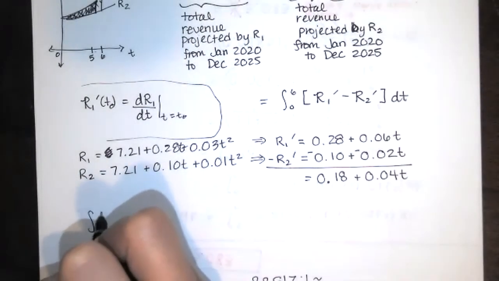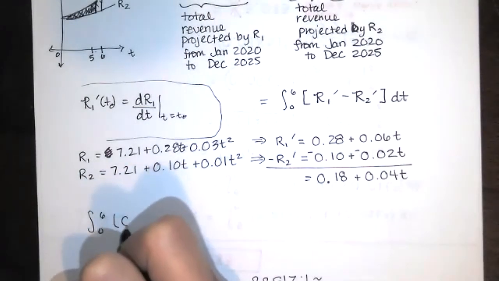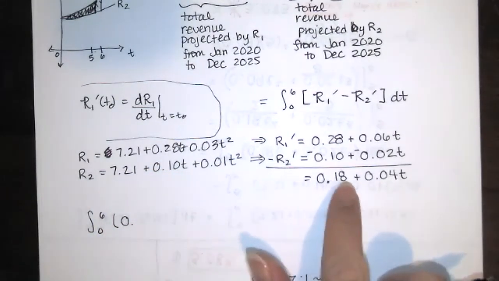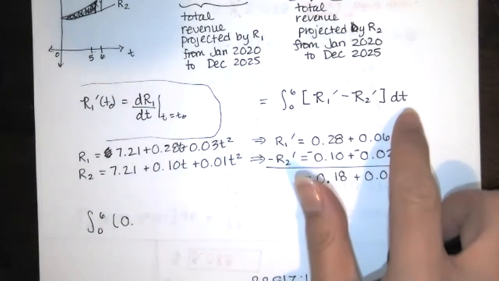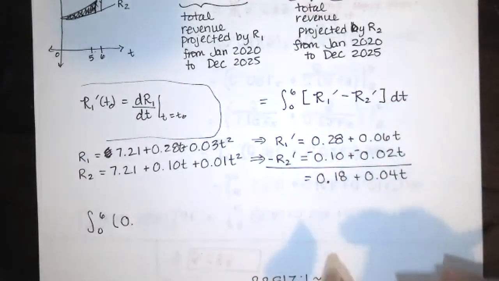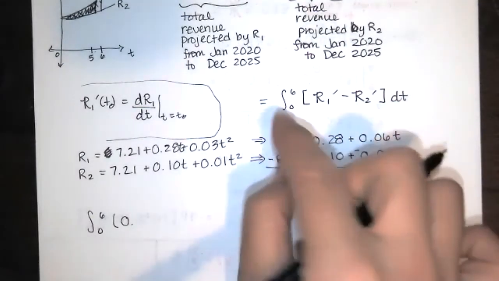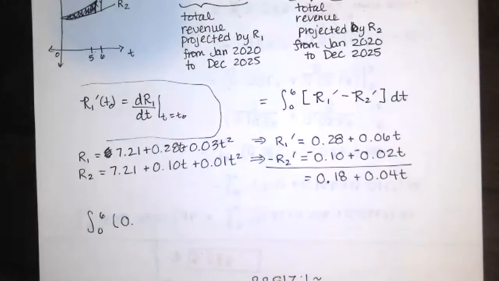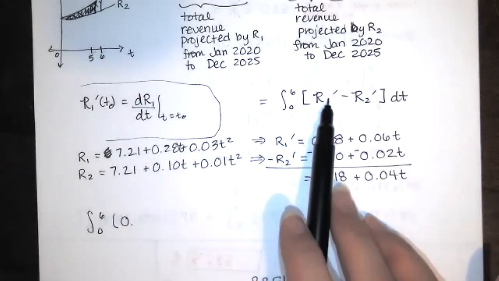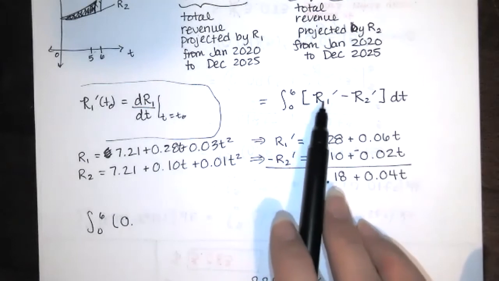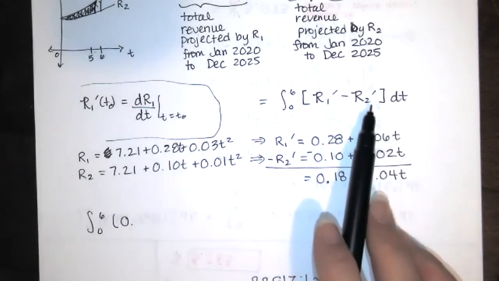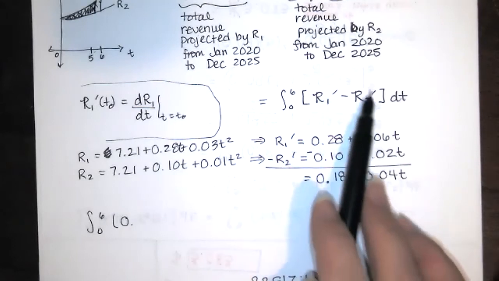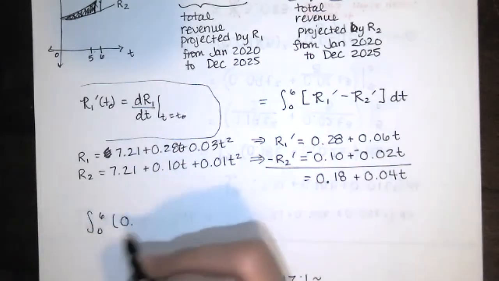Again, it's not going to give you the answer that WebAssign wants, but this is giving you a change in revenue per unit time. It's giving you a total change in revenue for a tiny time interval, and then you add them up, and that's actually going to get you the total difference between the revenue projected by this function and the revenue projected by this second function, R sub 2.